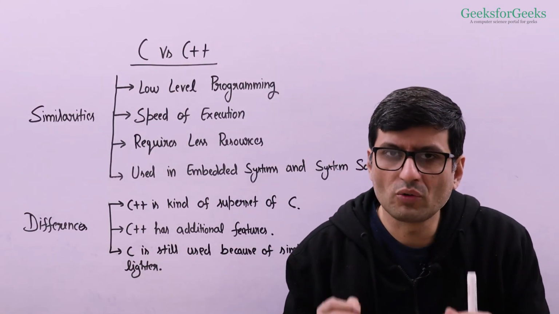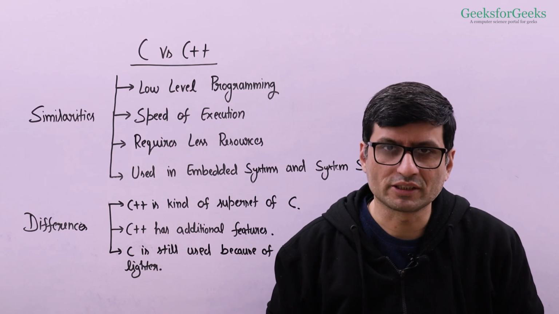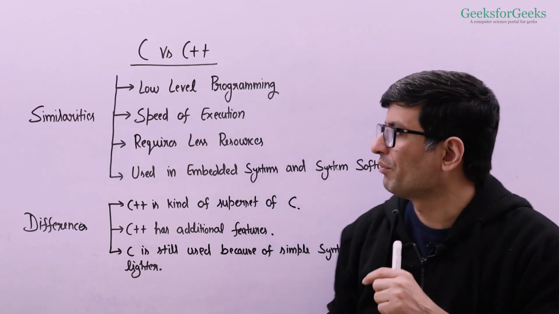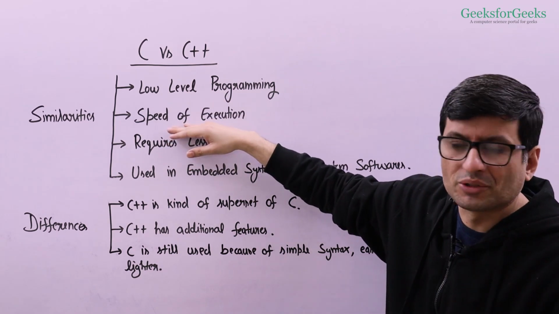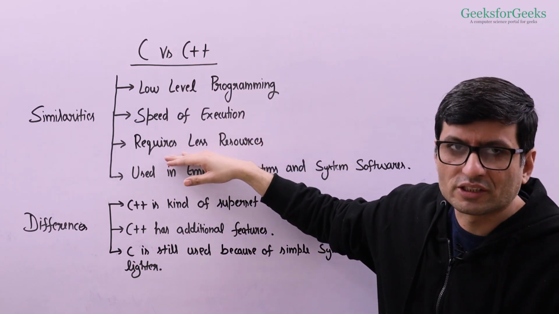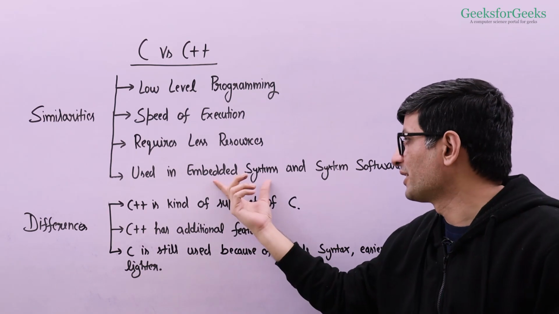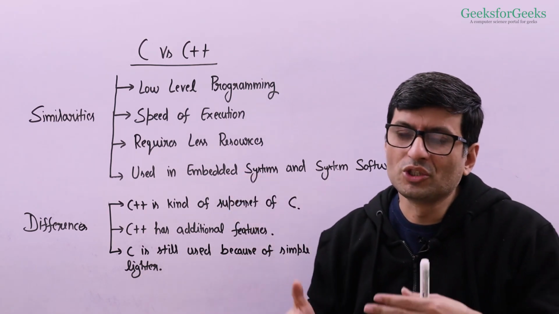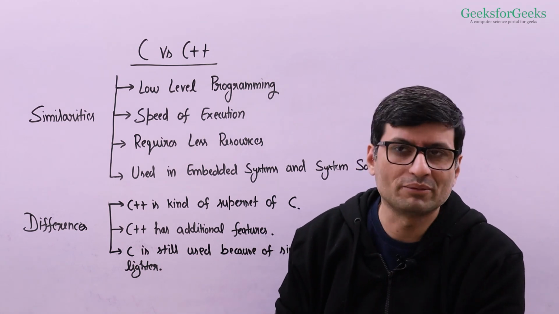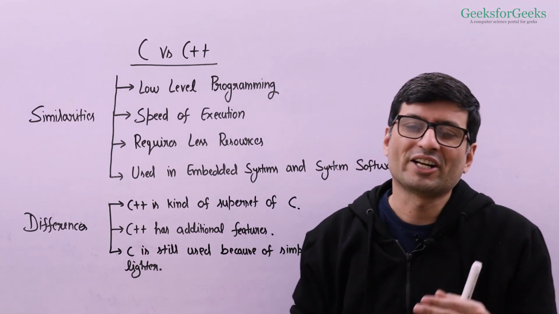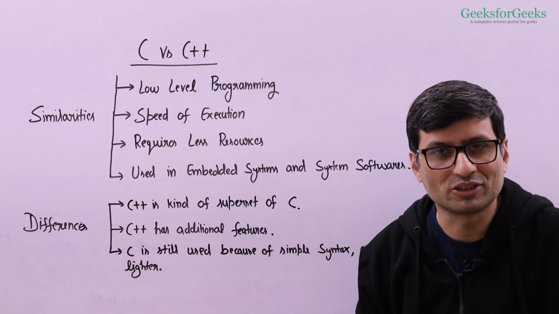Let's now do a quick comparison of C and C++. As we've discussed earlier, when you have low-level program requirements, you need speed of execution, you have fewer resources, or you're building an embedded system or system software, you would prefer to use either C or C++ over other programming languages like Java and Python. Now the question arises, which one of these two is used?